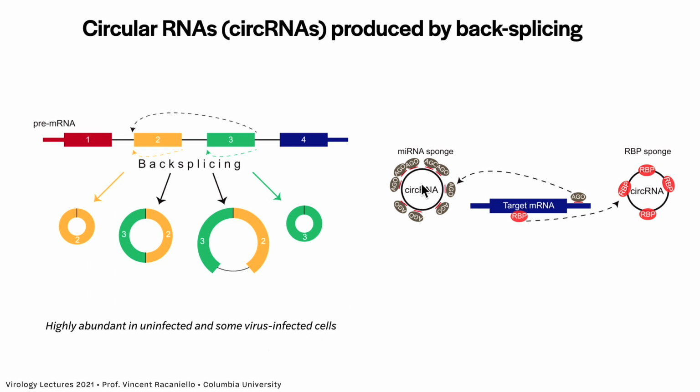We think they're sponges. MicroRNAs can hybridize to them, and they can be stored there until they are needed. You know, we can have RNA binding protein sponges as well. So these are RNA binding proteins that are hung up on the circular RNA, and then when they're needed, they can be transferred to the target mRNA, and so forth.